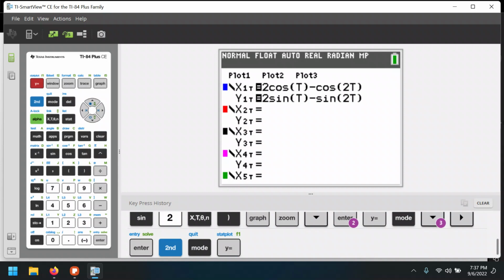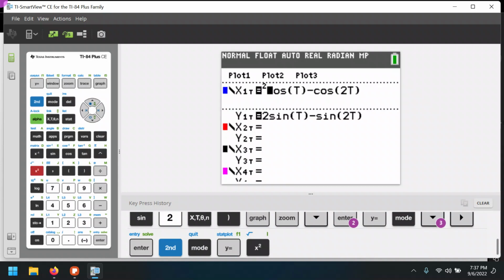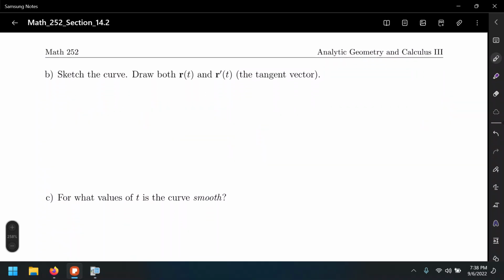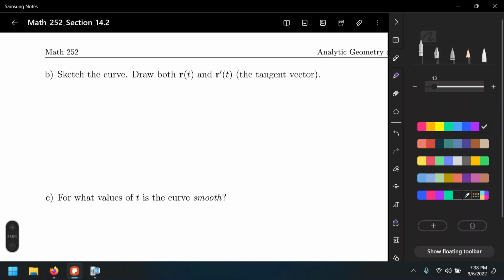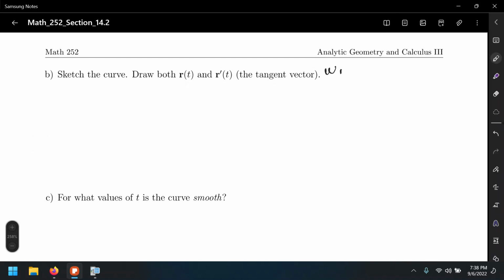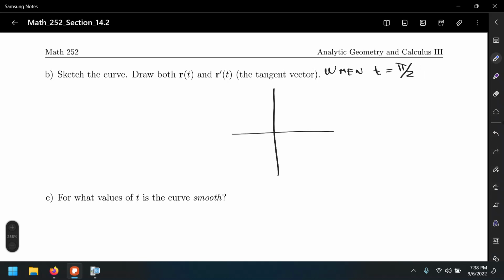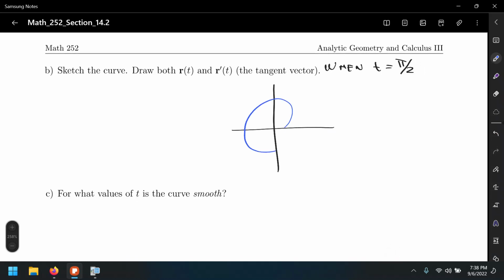So let's see. Sketch the curve, draw both r of t and r prime of t, the tangent vector, when t equals pi over 2. Actually, I didn't type this part. So number 1, let's draw a Cartesian plane and let's draw the cardioid here.